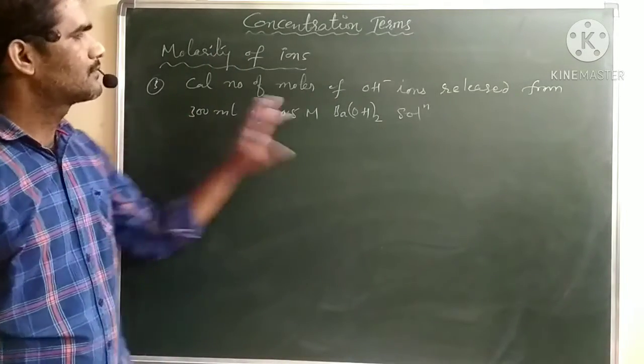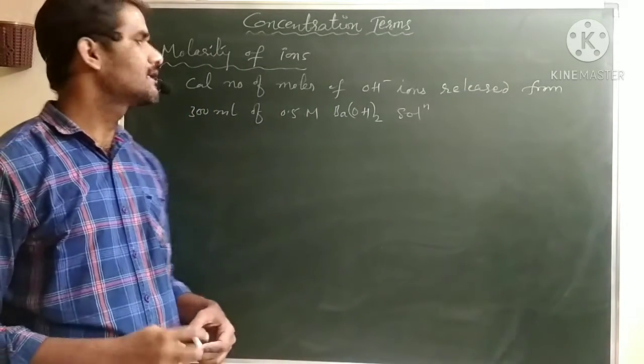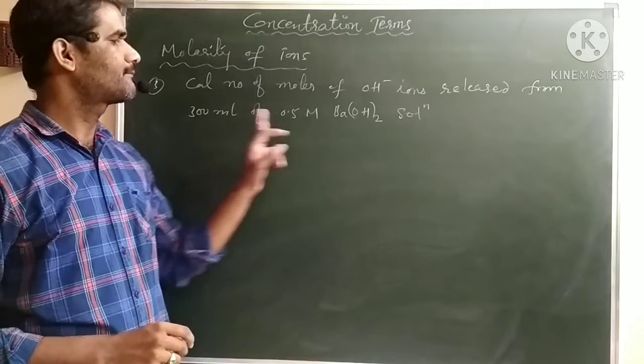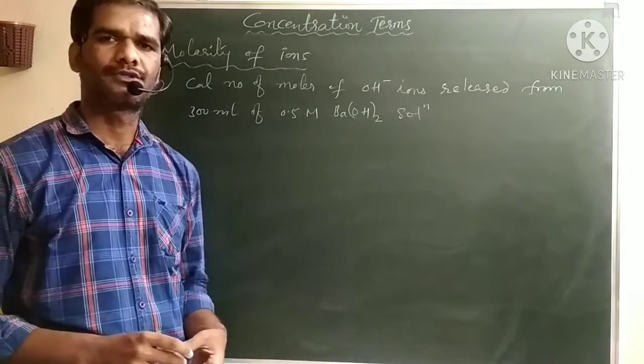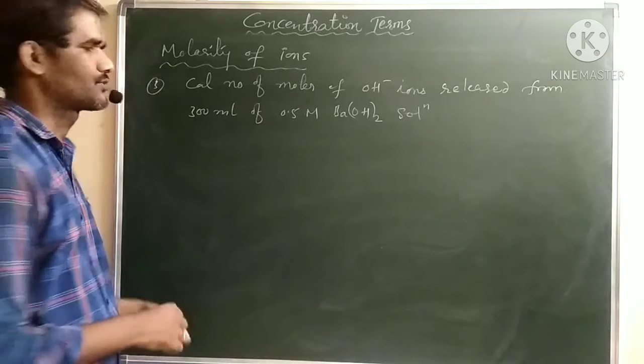Here calculate the number of moles of OH minus ions released from the 300 ml of 0.5 molar barium hydroxide solution. It is quite the reverse of the previous question.